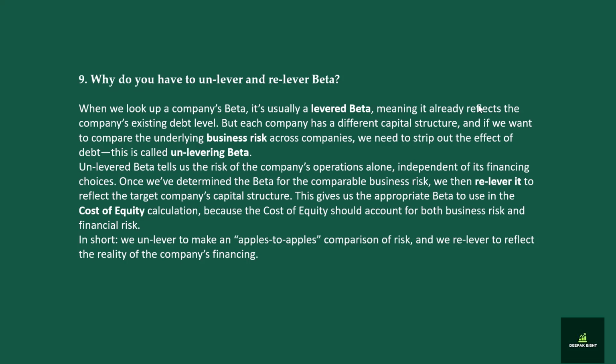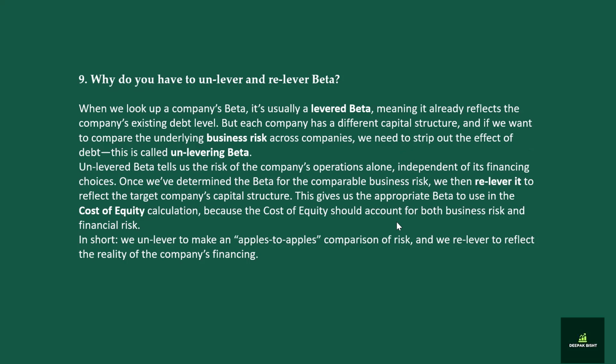The reason why we unlever the beta is, when performing a valuation or comparing companies, we want an apples to apples comparison. The difference in beta is partly because of different debt levels, and not necessarily because the company's business is riskier.